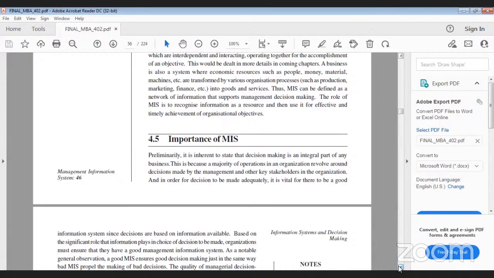This refers to the majority of operations in an organization revolving around decisions made by the management and other key stakeholders in the organization, and in order for decisions to be made accurately, it is vital to have a good information system, since decisions are based on the information available, given the significant role that information plays in the choice of decisions to be made.